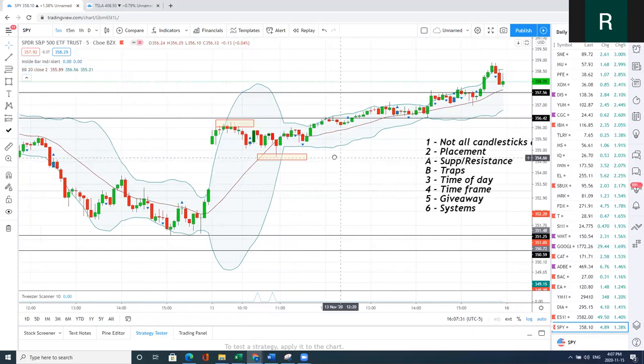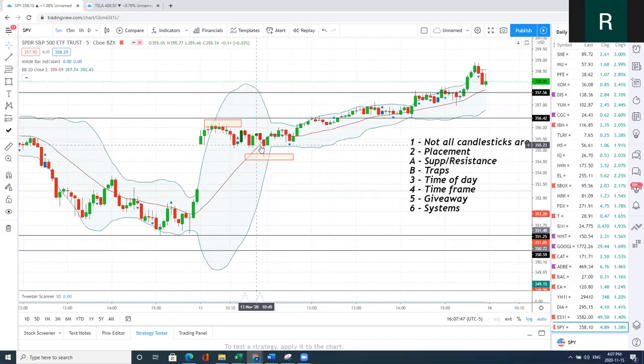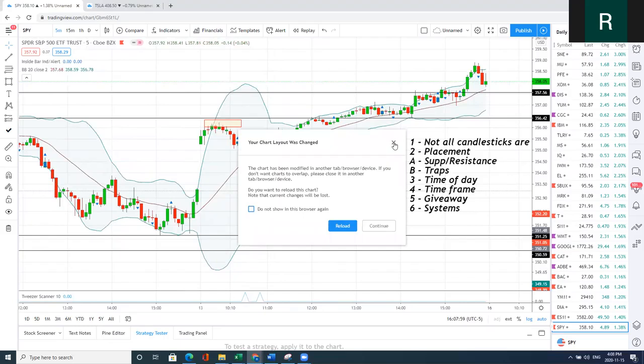So we need to pay attention to the placement, the time of the day, the time frame, and we also need to be looking for traps. As an example, I've highlighted a trap over here on this hammer candle. Let's break down the analysis of this. We have a hammer candle at 10:50, and the placement is at the low of the day, and at the mid-Bollinger Band, which is the 20 EMA. So we have multiple factors working for this candle being an area of reversal.